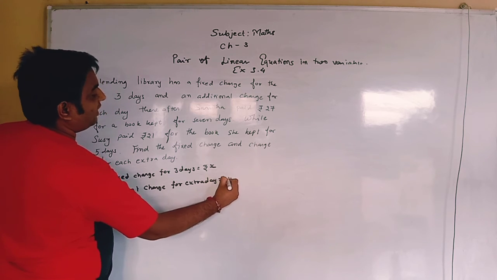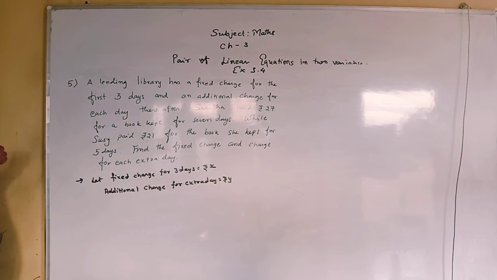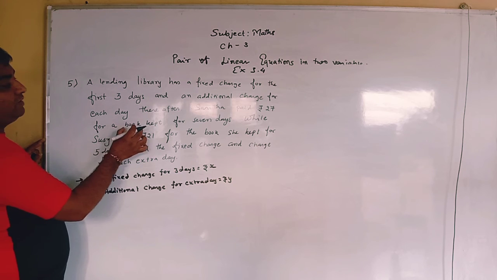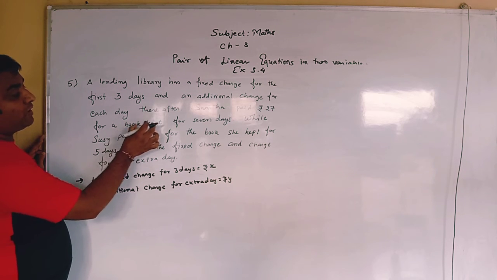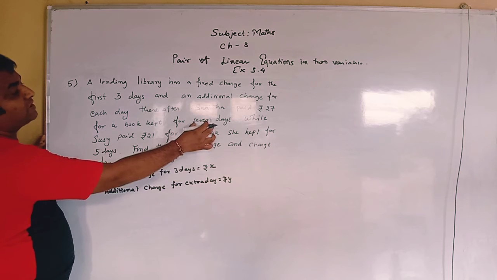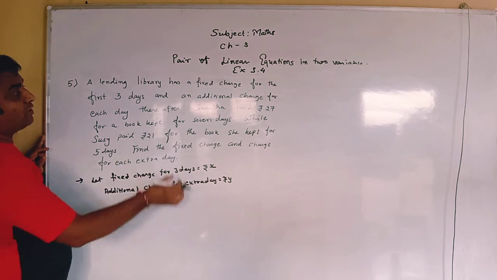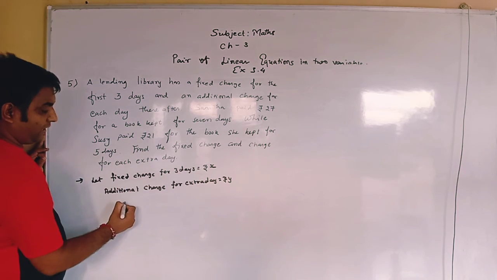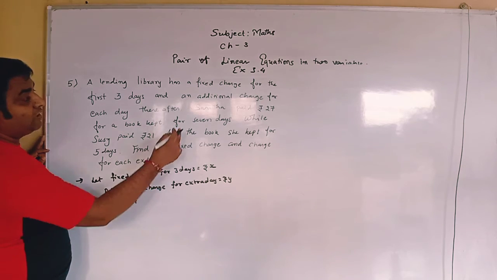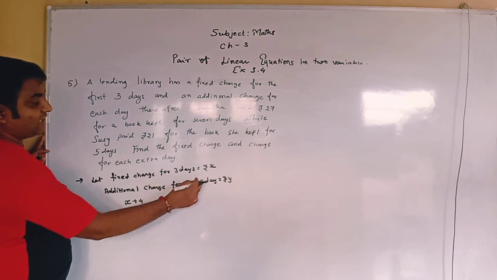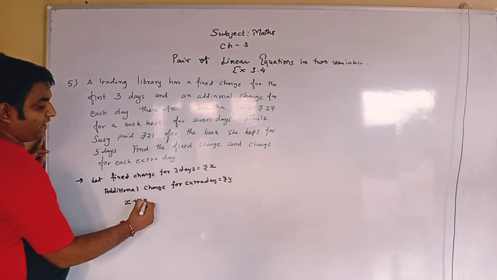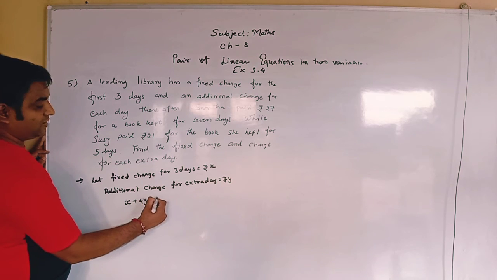equals rupees y. Now here Sarita paid 27 rupees for a book kept for 7 days. So from 7, 3 days will be subtracted because for 3 days it is the fixed charge x already paid, and so the remaining 4 days extra charge will be paid, so x + 4y equals 27.